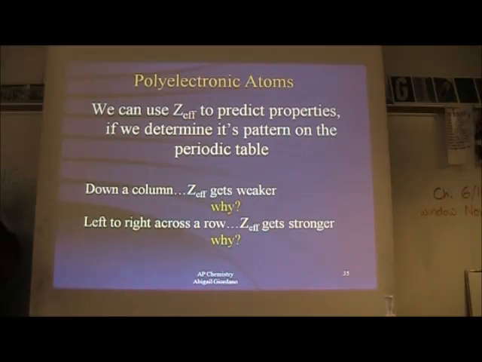If you continue to move further away from me, is my voice in your ear getting louder, softer, or staying the same? Softer. It's getting softer. Same situation here. Those valence electrons, as you move from the top of a column down to the bottom, have an increasing number of energy levels.